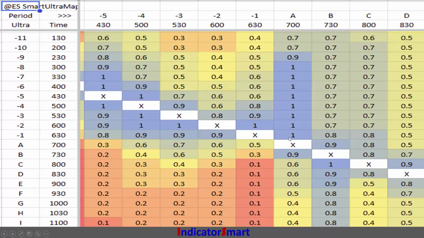So what this map is telling us here is that 100% of the time, the A period of the day takes out going back to -8 period of the day. I didn't show it all the way back there, but the key here is these X's.